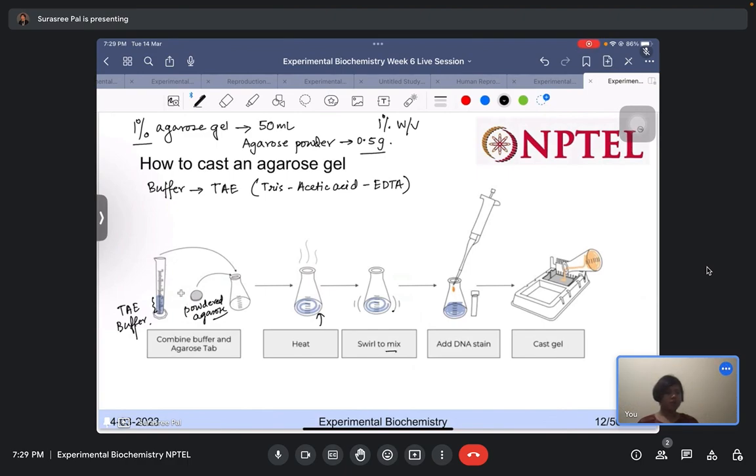This dye is usually ethidium bromide. We have to remember that ethidium bromide is an intercalating agent. So it intercalates between the bases of the DNA.